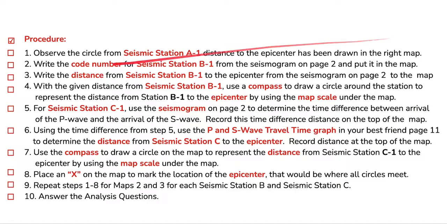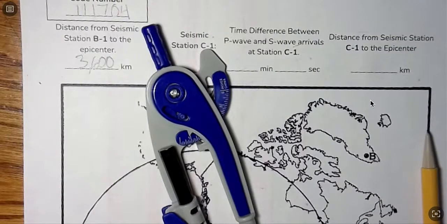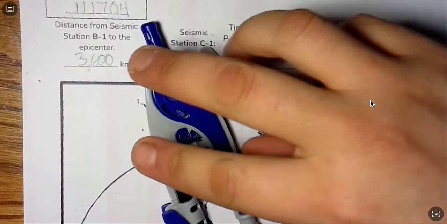We are now going to move to step number four. It says, with the given distance from seismic station B1, use a compass to draw a circle around the station to represent the distance from B1 to the epicenter by using the map scale under the map. So notice that now it's time for us to use a compass. You need a compass in order to do this here.